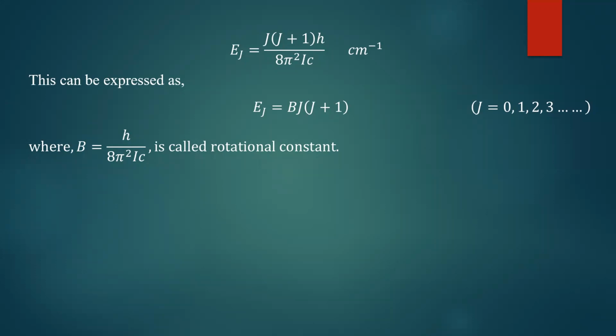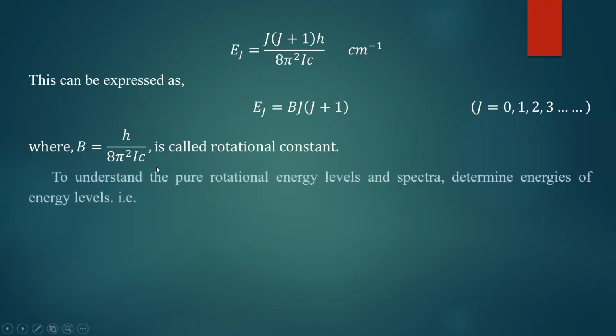So B is called the rotational constant, and it has the expression h divided by 8 pi square Ic.